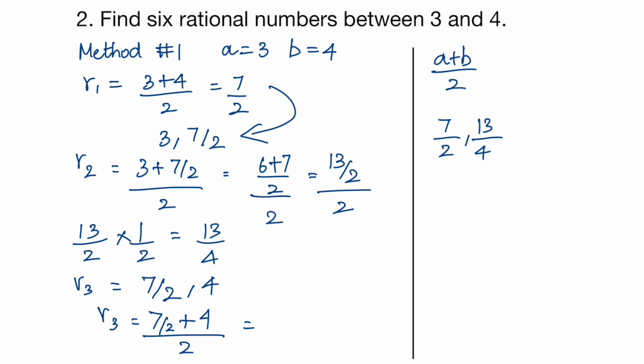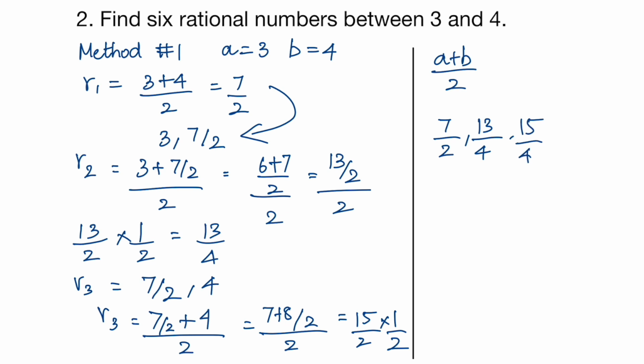I know you know how to solve this question. So again the LCM is 2 and the numerator would be 7 plus 8, the entire thing divided by 2. So 7 plus 8 is 15, 15 divided by 2 into 1 by 2, so the next answer would be 15 divided by 4.